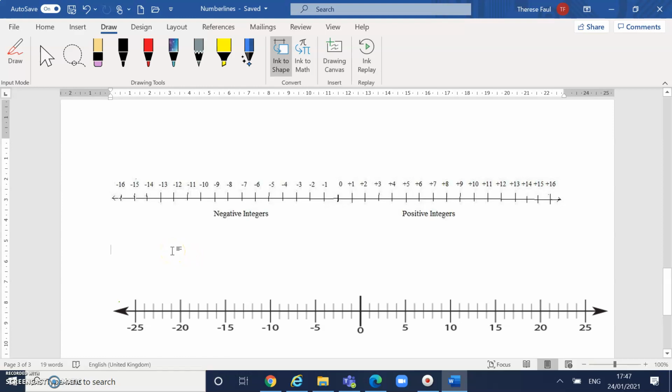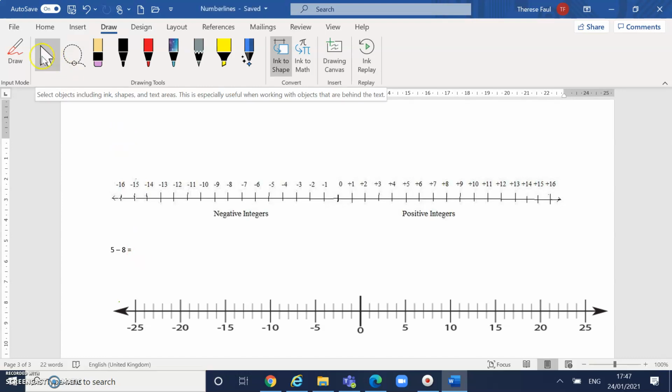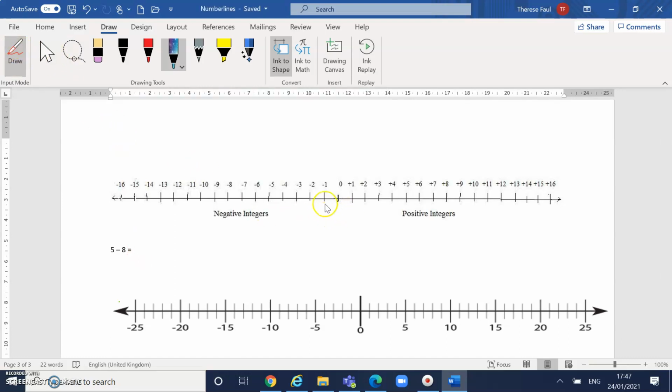So if I take a sum like 5 minus 8, what is that? Normally you might say, if you've got 5 you can't take away 8, but when we're dealing with integers we can. So I'm going to go back up here to my drawing tool. 5 is the first part of the sum, so that's always where you start.